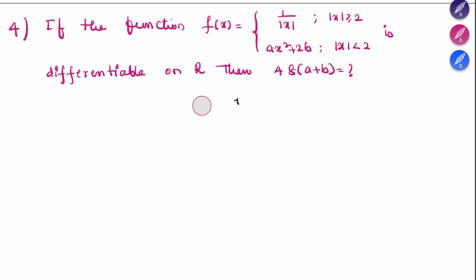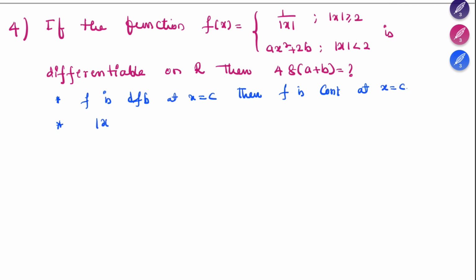Okay. So now I'll tell you what the key points of the problem are. If f is differentiable at x equal to c, then f is continuous at x equal to c. Every differentiable function is always continuous. And the second rule you should know is: mod x less than or equal to r means minus r is less than or equal to x is less than or equal to plus r.